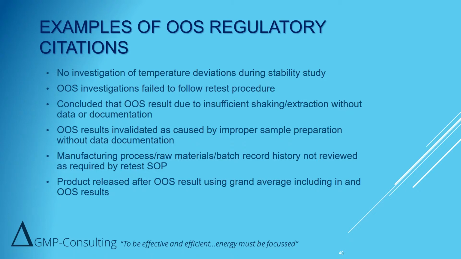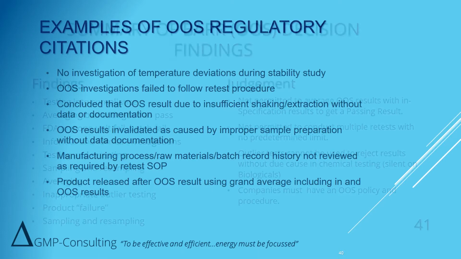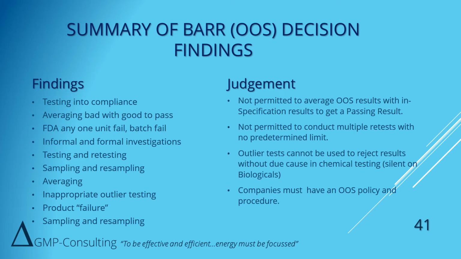And to finish off OOS, here are some of the findings and judgments of the original Barr decision that happened in the mid-90s in America, and it started the whole subject off really, because the company was found to be testing into compliance, averaging bad and good results, sampling and resampling, testing and retesting, no end in sight to how much sampling and testing you can do.